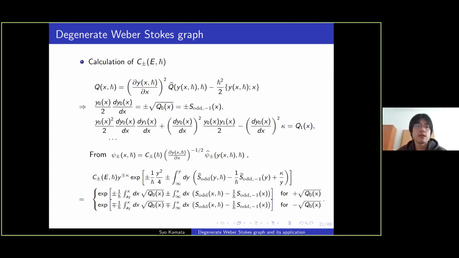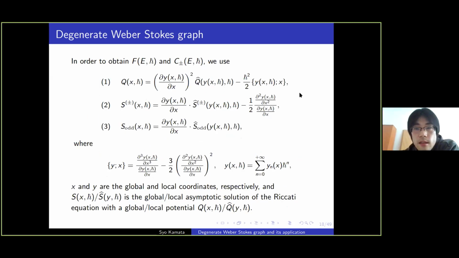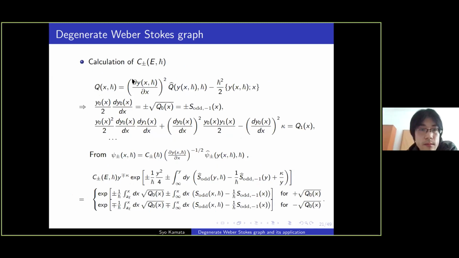Okay, so next is a calculation of this C. To do it, we use this relation. Once we have the global potential, we can get QX.